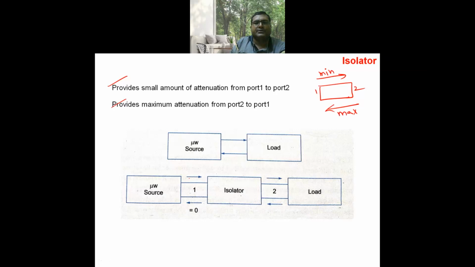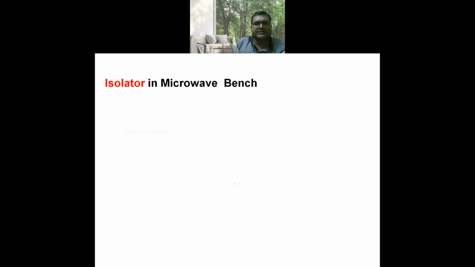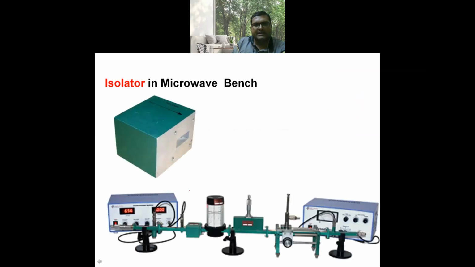And for that reason, it is always connected nearer to the microwave source to cut the reflections from the load towards source. In the microwave bench, you can observe the position of isolator, always it is connected nearer to the source. It forwards the signal with minimum attenuation, cuts the reflection from the load towards source to avoid damaging the source.